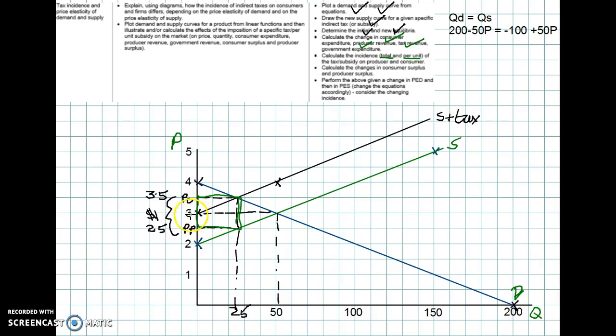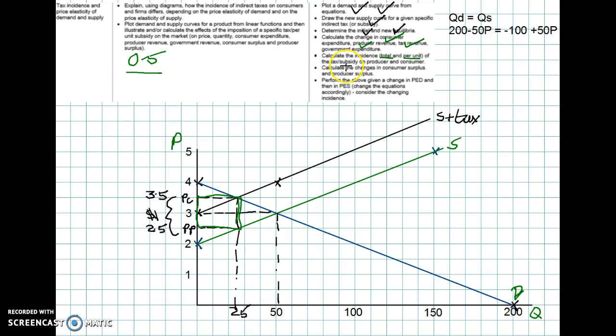So the consumers used to pay 3, they now pay 3.5. So per unit, they pay 0.5 of the tax. So therefore, per unit, looking at producers, they used to get 3, but now they only get 2.5. So their burden is also 0.5.